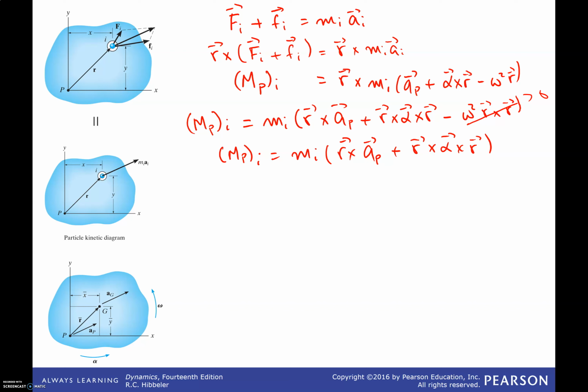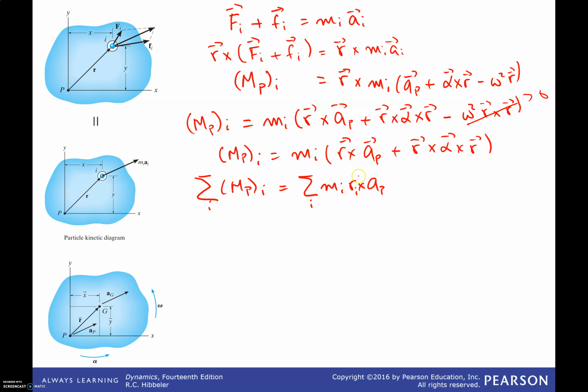So now what I want to do is add over all the particles on the body. I'm going to do a sum in I, and I'm going to break this as the sum in I of mi R cross AP.